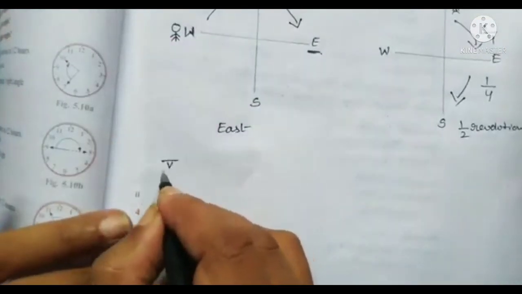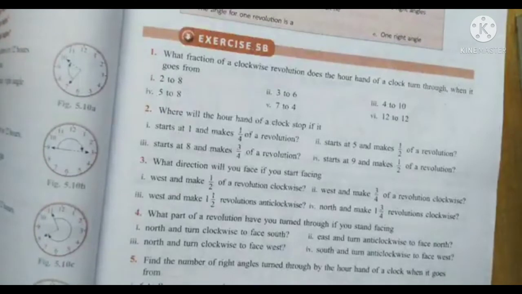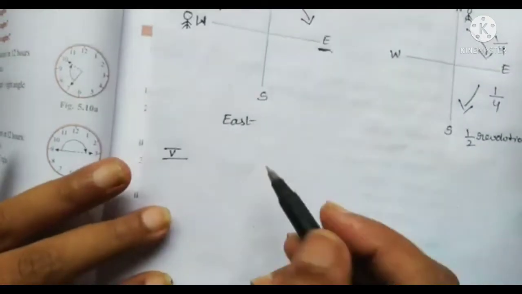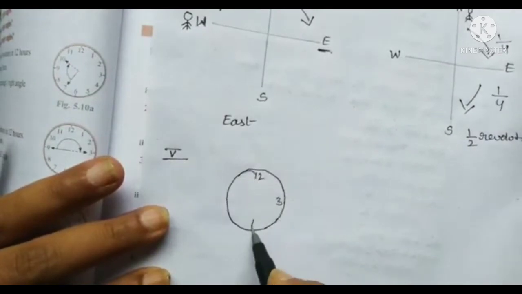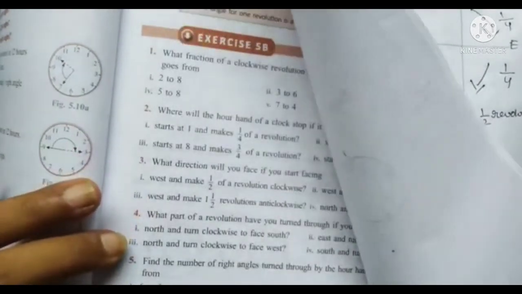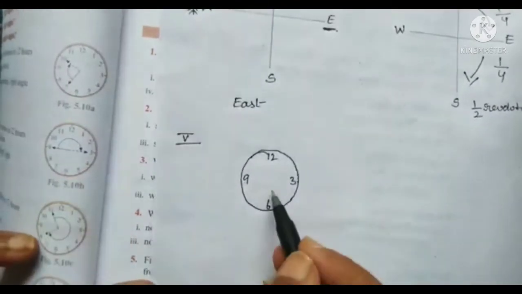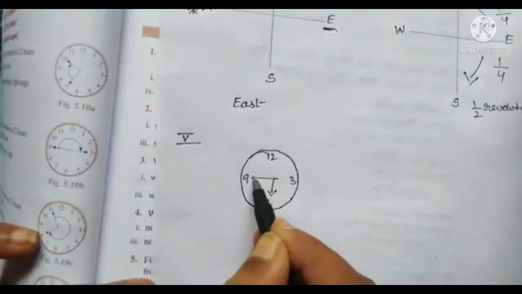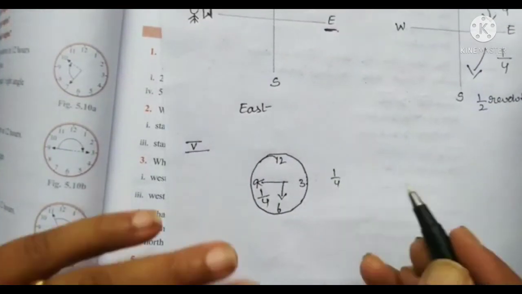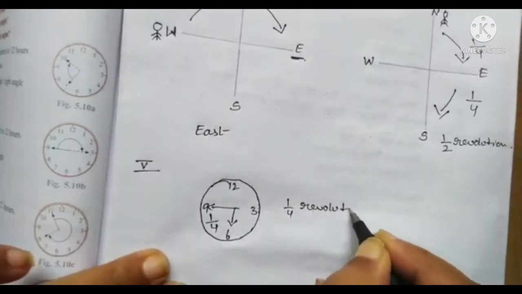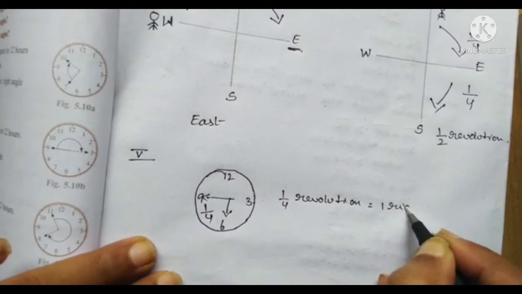Now question number 5. Find the number of right angles turned through by the hour hand of a clock when it goes from 6 to 9. See here, this is a clock: 12, 3, 6, 9. 1/4 revolution equals 1 right angle.